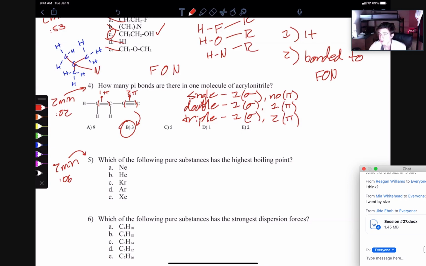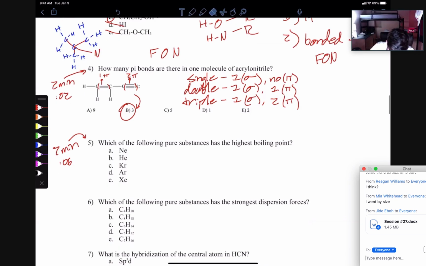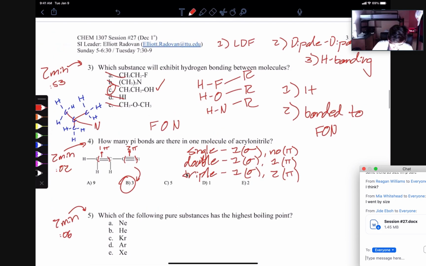All right, so it's 8:06, so let's go ahead and go through this one. All right, so this says, which of the following pure substances has the highest boiling point? So we talked about the multiple types of intermolecular forces right here.